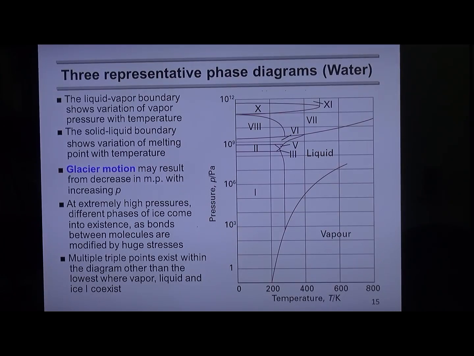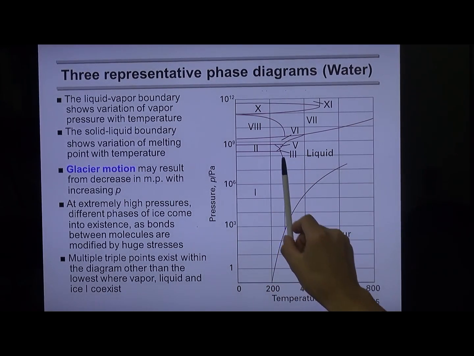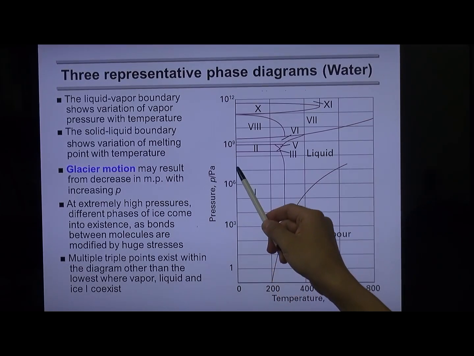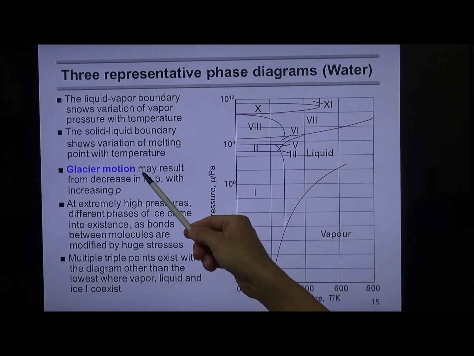The main difference between CO2 and water is that the solid-liquid slope here is negative for water. Which means that as you increase the pressure, the melting point decreases, and that might explain glacial motion.